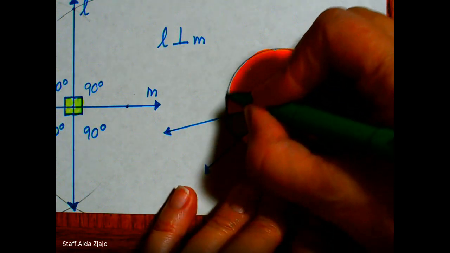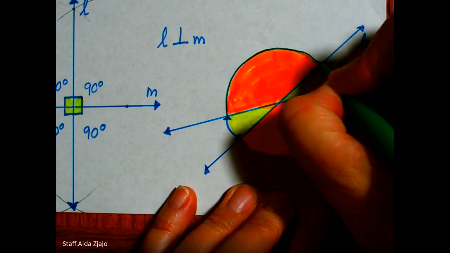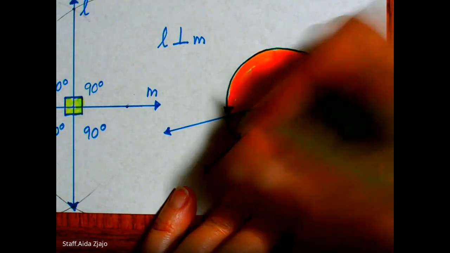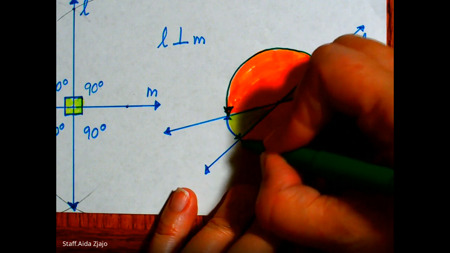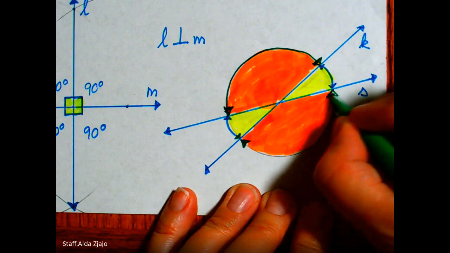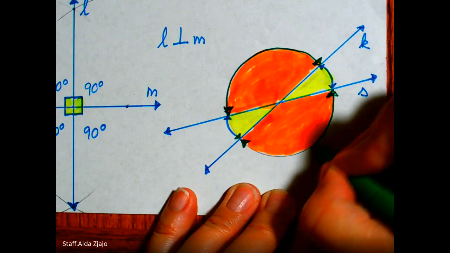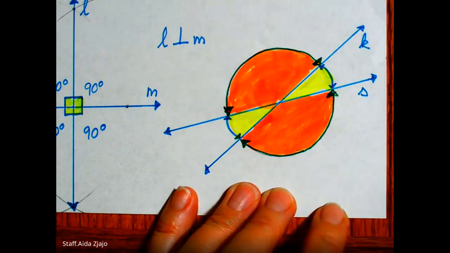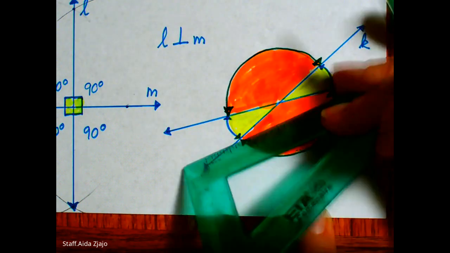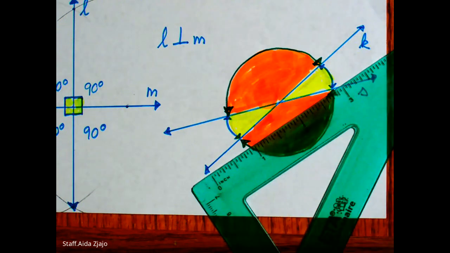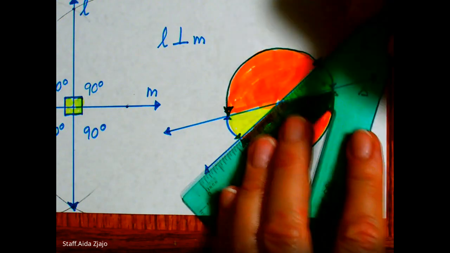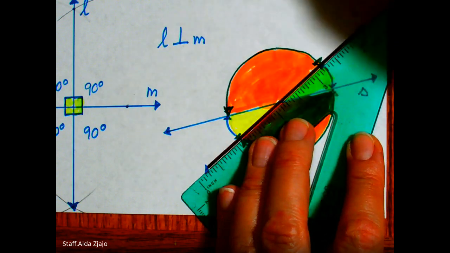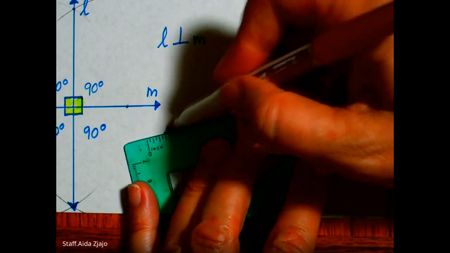We can make also arc and arrows on both sides. Okay, and then this is our two obtuse. So when we have two intersection lines, they will create two obtuse and two acute angles.